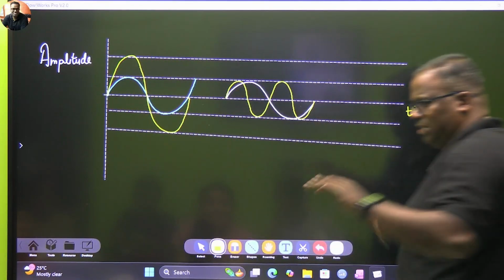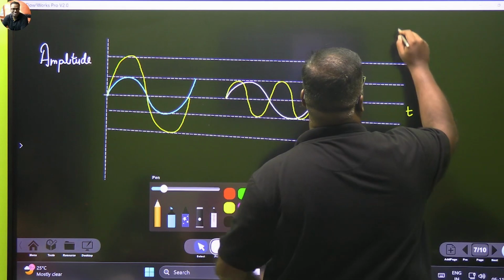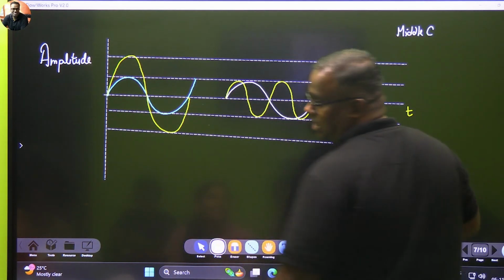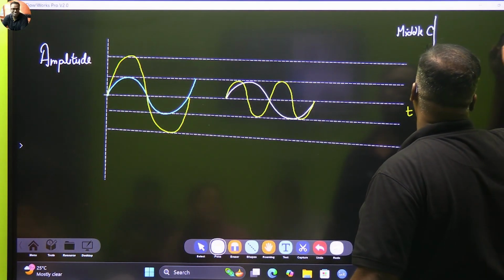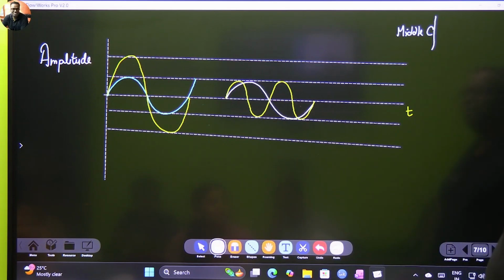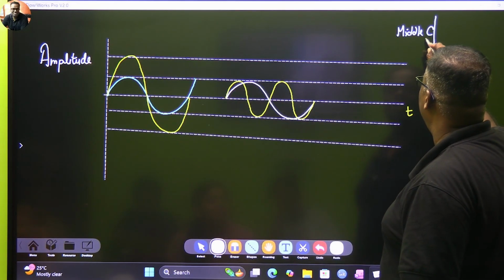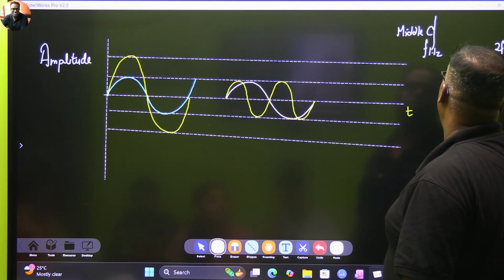If you have a little bit of experience with a keyboard, every keyboard has a button which we call what? The middle C. Okay? There is a middle C, and further ahead you will get another C. What is special about these two? If this one is vibrating at F hertz, this is vibrating at 2F hertz.